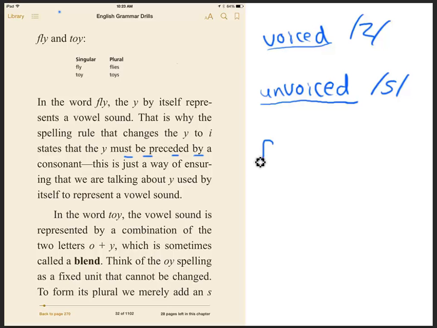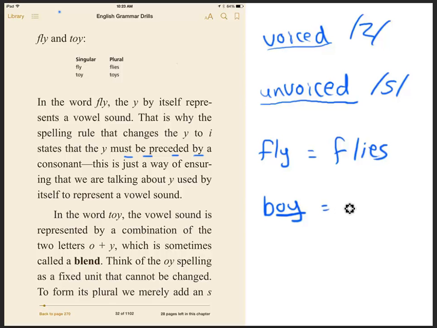So if you have the word fly, the plural would be flies because the Y is a vowel all by itself. However, the word boy, the Y is actually acting with the O. There's a vowel before it. It's part of the vowel sound, okay?